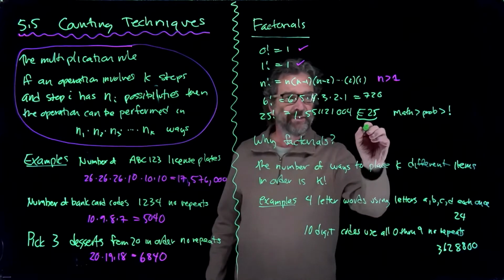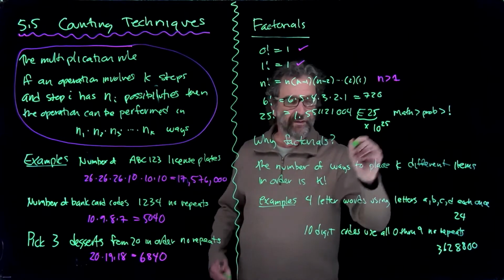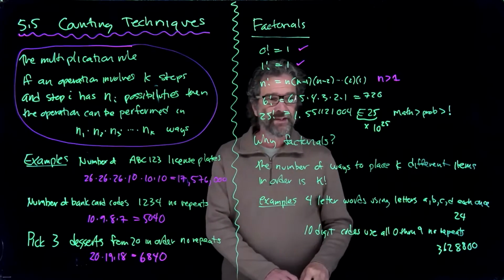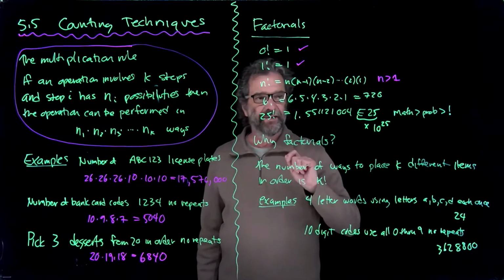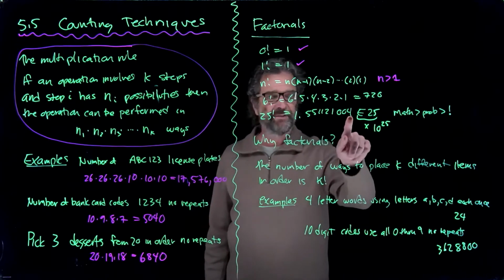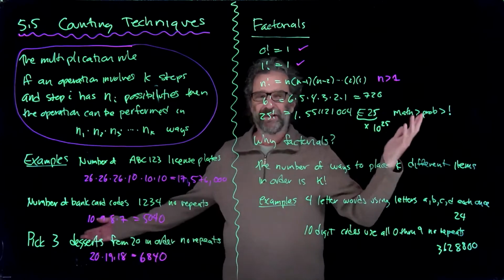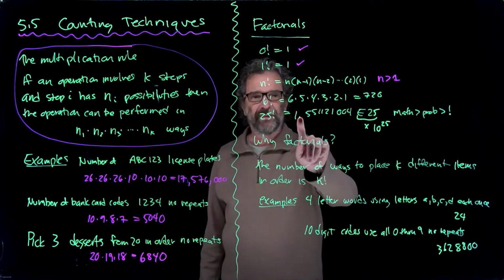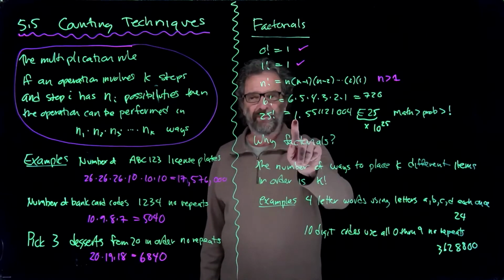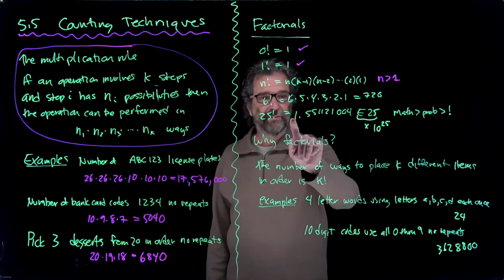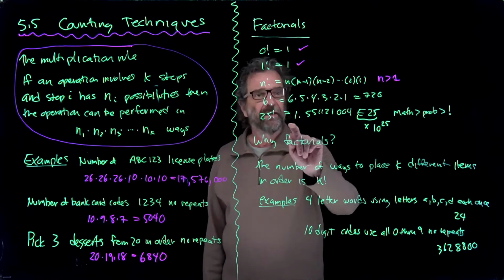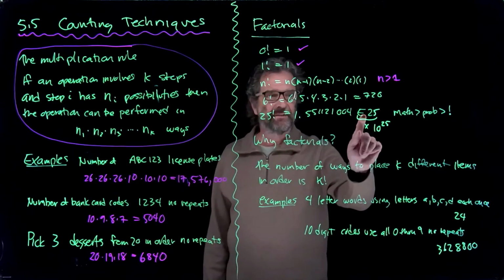So this E25 means times 10 to the 25th. So calculators have a different way of expressing scientific notation. When the numbers get big, most of them resort to scientific notation because you can't put the full number on the screen. So the decimal point is somewhere, but it's probably way over to the right, past the digits you have. So they resort to scientific notation, where this number is 1 through 9 in front here, and then decimal point and stuff, and 10 to the something, right?